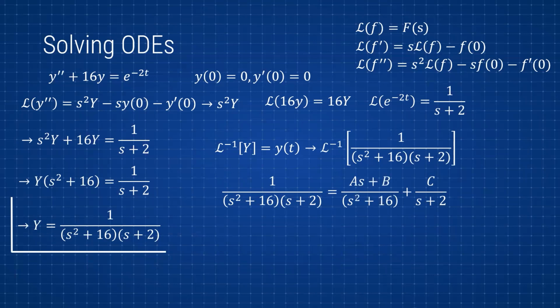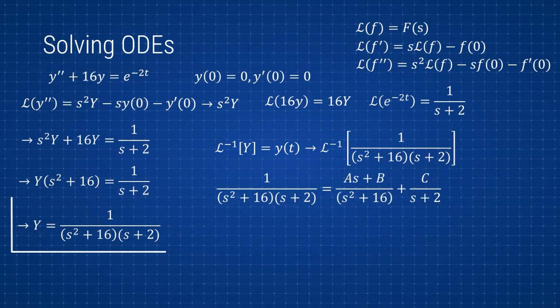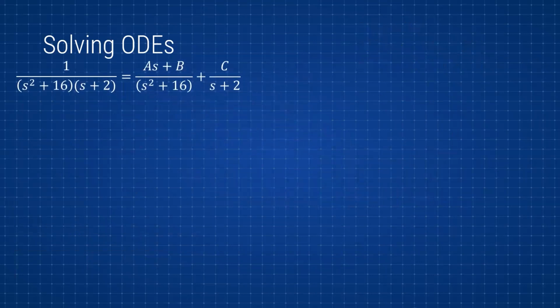Therefore, instead of just having A over s squared plus 16, we should have As plus B over s squared plus 16. And for the second one, we only have the C because the bottom is a power of 1, so the numerator should be a constant.